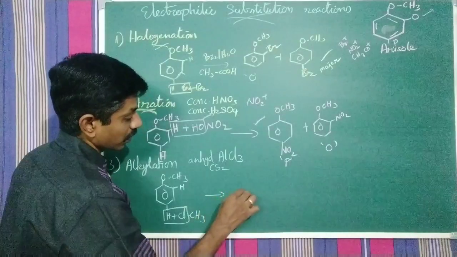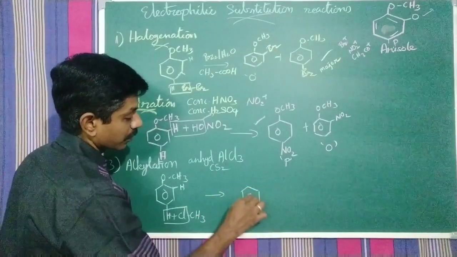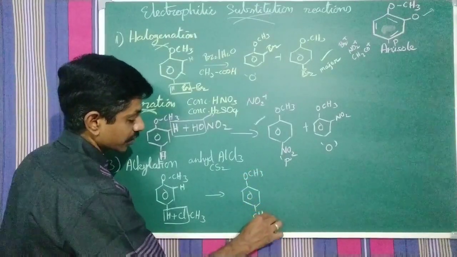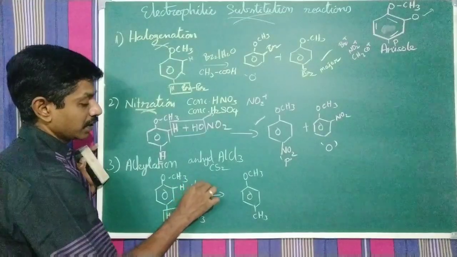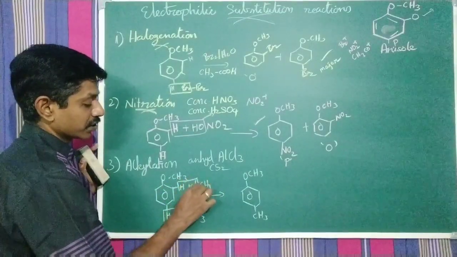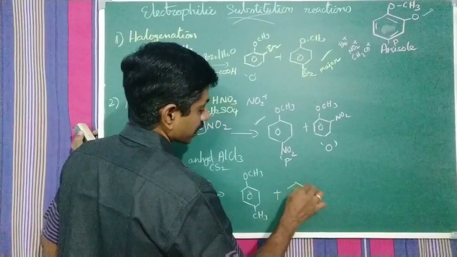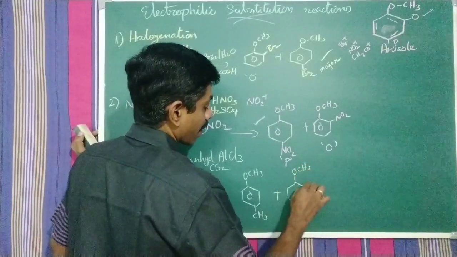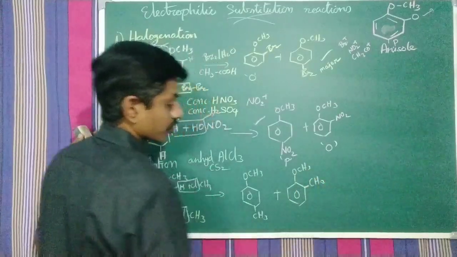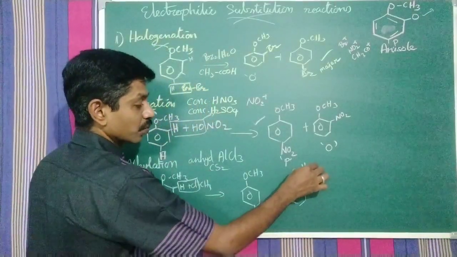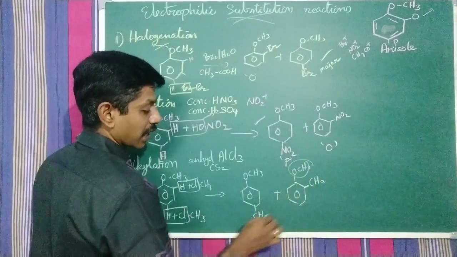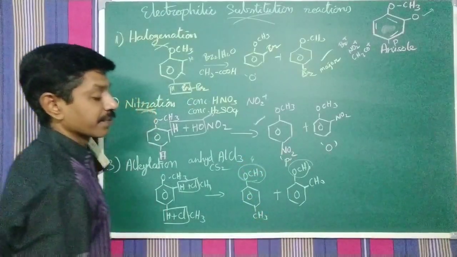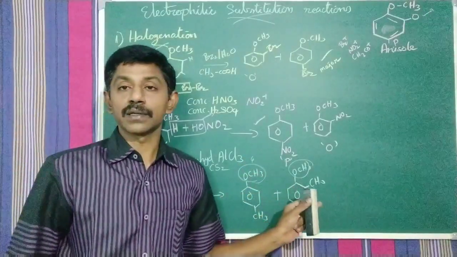Then the products are: one possibility, methyl group addition at the para position, or else in the ortho position the electrophilic substitution reaction takes place. Then the product will be OCH3 and CH3. So this is a 2-methoxytoluene and this is a 4-position methoxy group, so 4-methoxytoluene. So these are the two possible products.